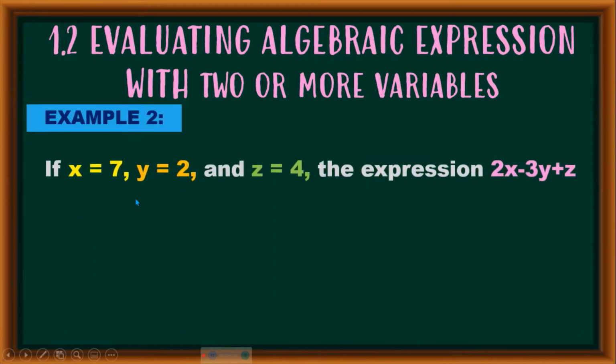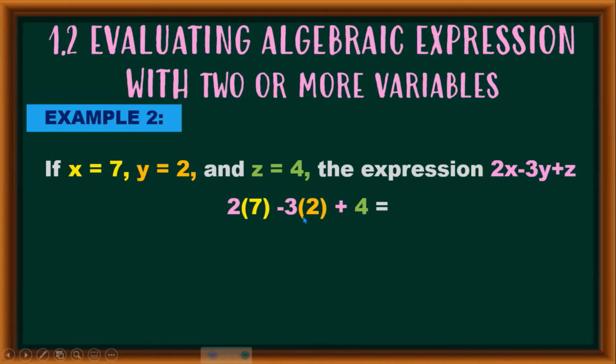If x is equal to 7, and then y is equal to 2, and z is equal to 4, then the expression is 2x minus 3y plus z. So, we will substitute the value of x, the value of y, and the value of z. So, the value of x is 7, the value of y is 2, and the value of z is 4.